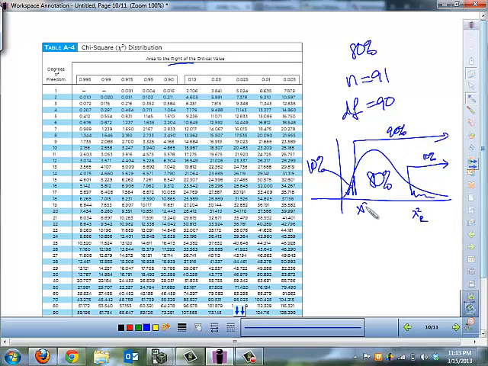That'll help us find the chi-square L. It just happens that those two values would be towards the middle of the table, and all we need to do is look at our degrees of freedom to be 90. That's pretty close to the bottom over here, and we see these two values as our critical values that we're looking for.